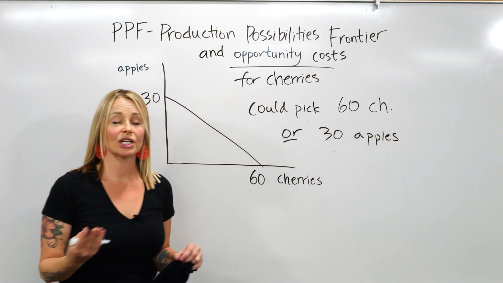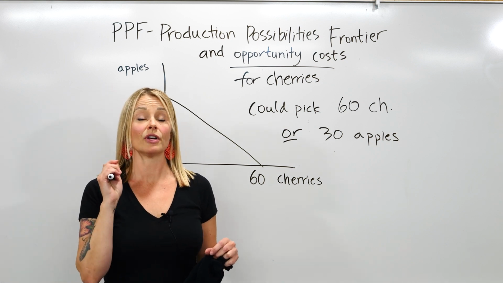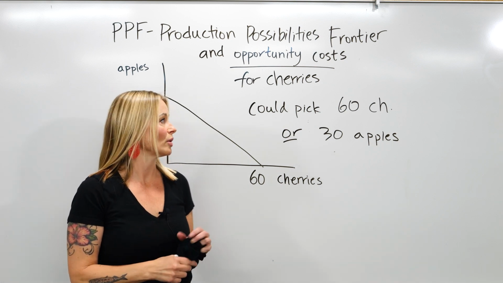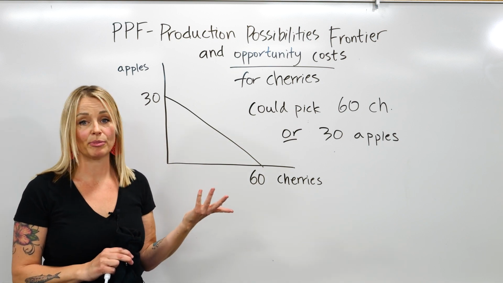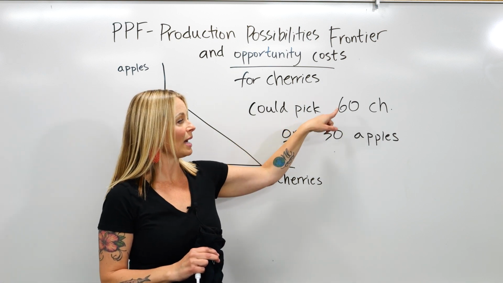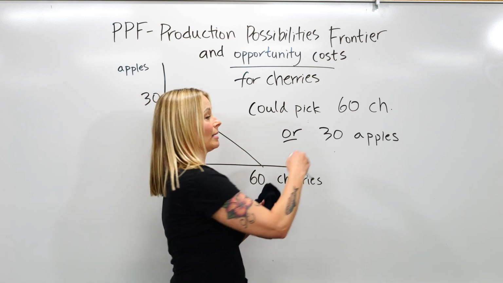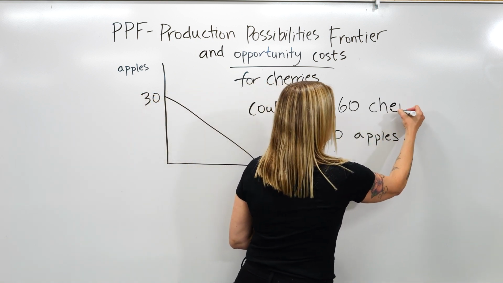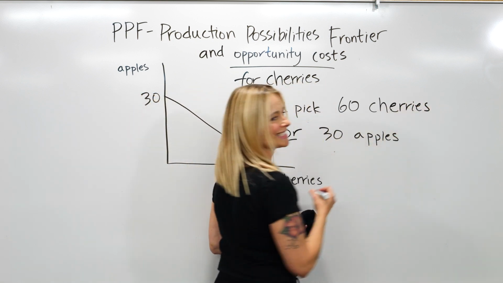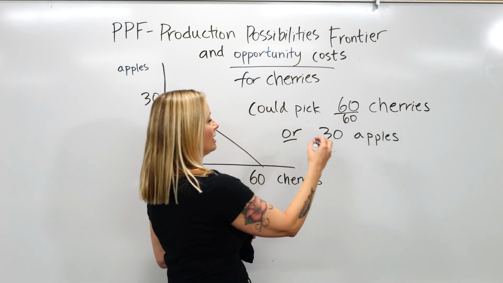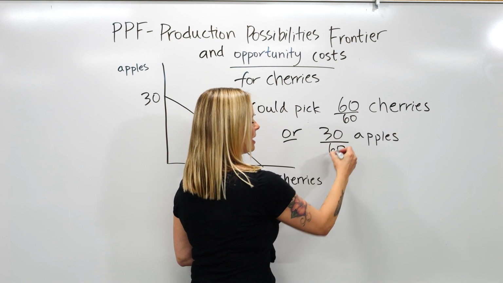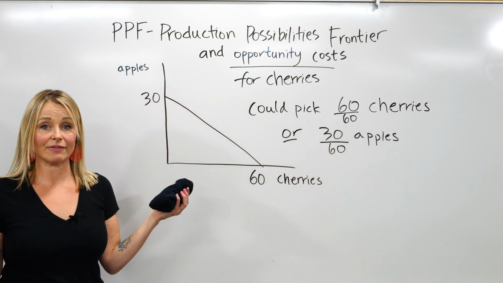But opportunity cost is something that we measure in terms of the cost of one item. So if we wanted to pick one cherry, not 60 of them, what would we be giving up? We're going to reduce down to 1 in the item that we're talking about, so we're going to divide by 60 to get it down to just 1 cherry.